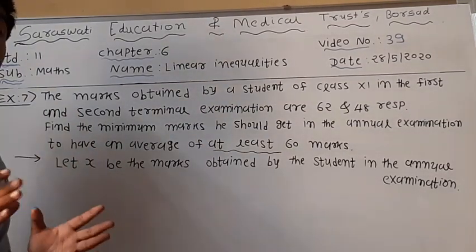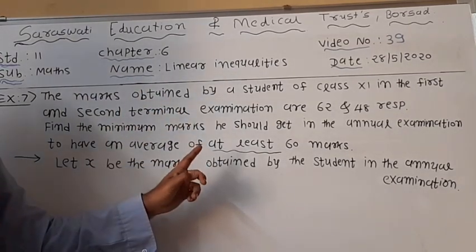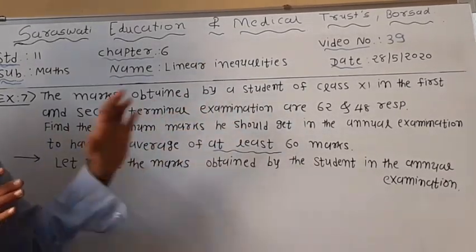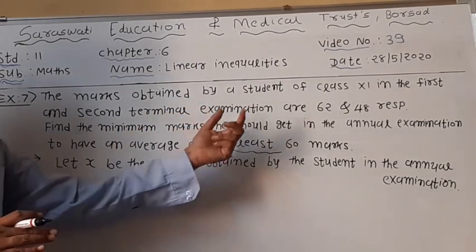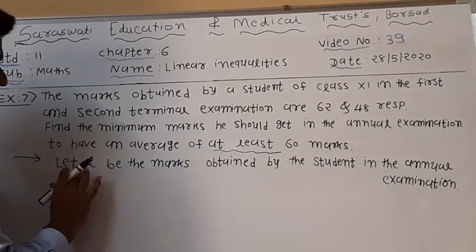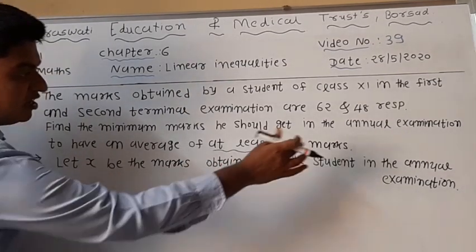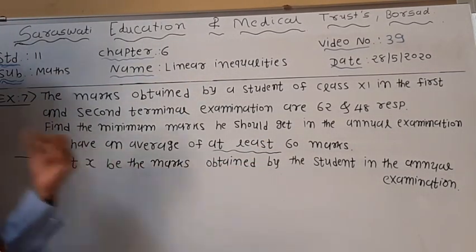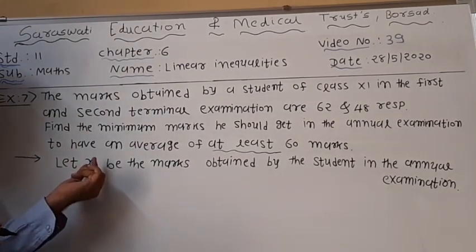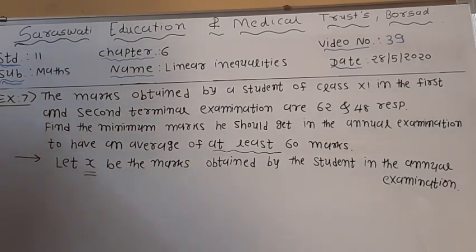Now first, how can we find the average? Three marks are given, three examinations, so add all three examinations divided by 3. But first of all, the annual examination mark is not given. So here we consider: let X be the marks obtained by the student in the annual examination.